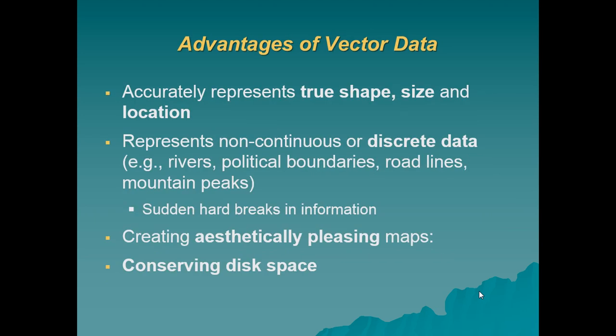What are the advantages of our vector data? The vector data represents the true shape of the feature, size, and location better than the raster. Remember, for example, if you have a point feature that occurs within a cell, that cell will represent a specific defined area. For example, it might be 1 square meter.